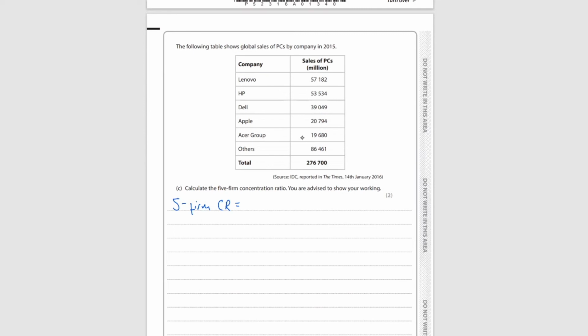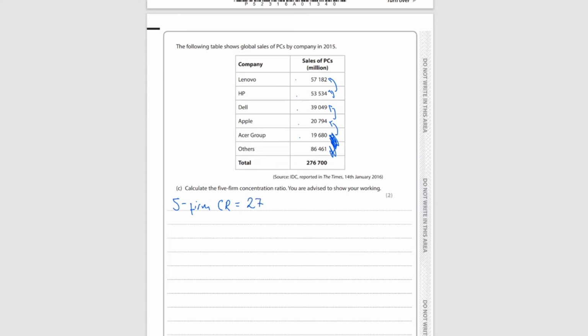so I could add all of these up, 1, 2, 3, 4. We could add all of these up if we wanted to, that's fine. And then divide it by the total. Or what we can do is take 276,700 minus 86,461, because you wouldn't want to add up this one, so ignore that, but you would want to add up all the others, because that tells us what the value is of these 5 relative to the total value.